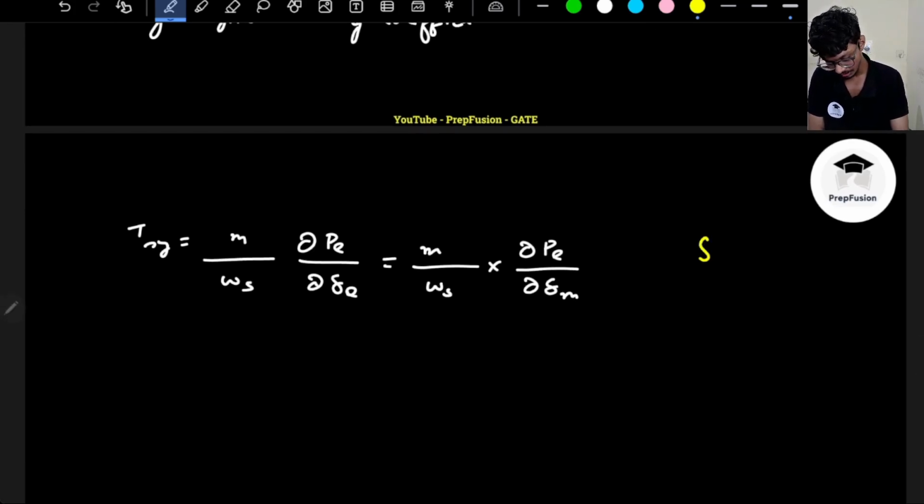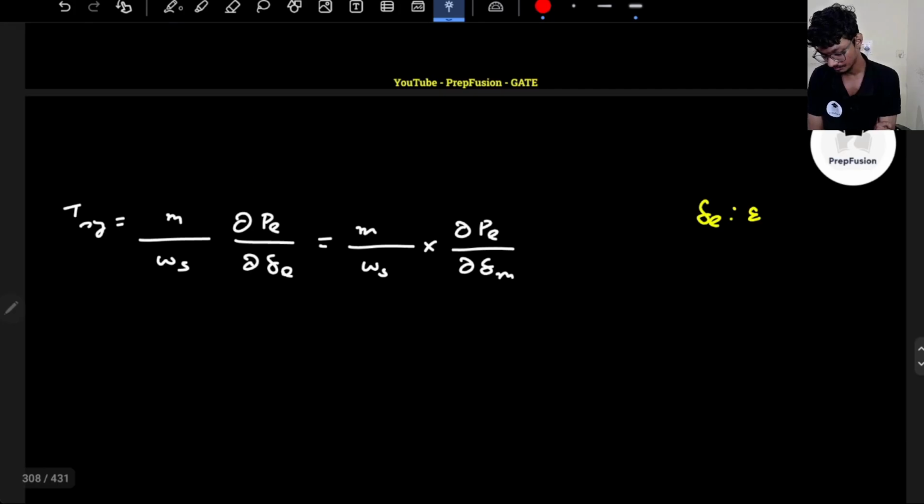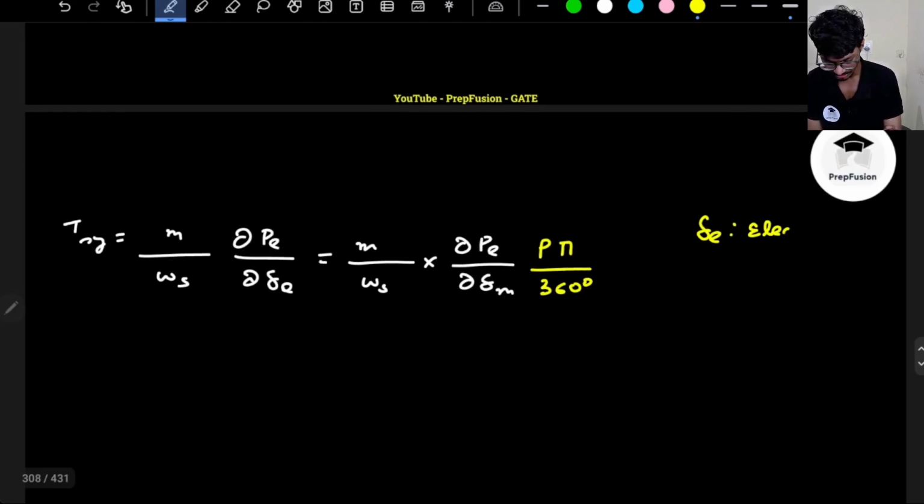Delta E is electrical radians. Oh, sorry, I have to multiply this constant. This constant will be there to convert from mechanical degree to electrical radians. This term needs to be multiplied. So this will be P by pi into 360. This will always be there. So your delta E is the standard format, that is electrical radian, and your delta M is in mechanical degrees.